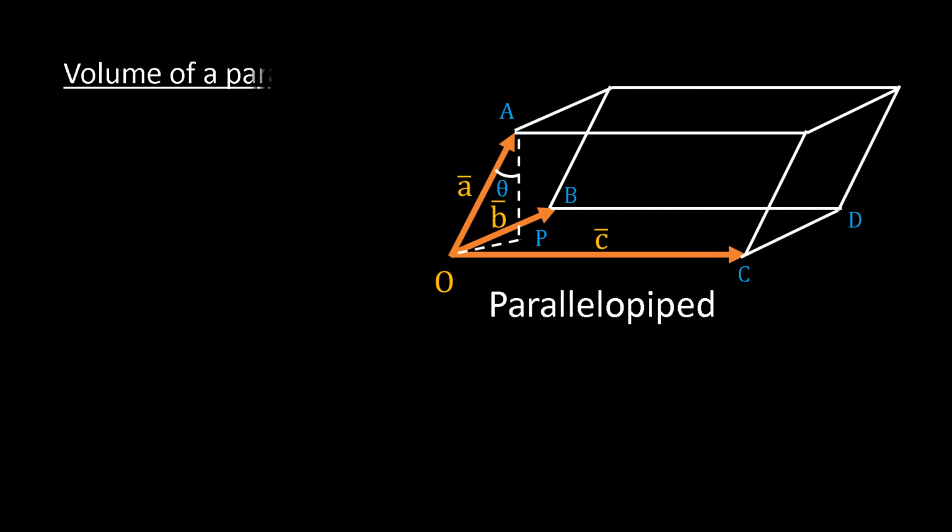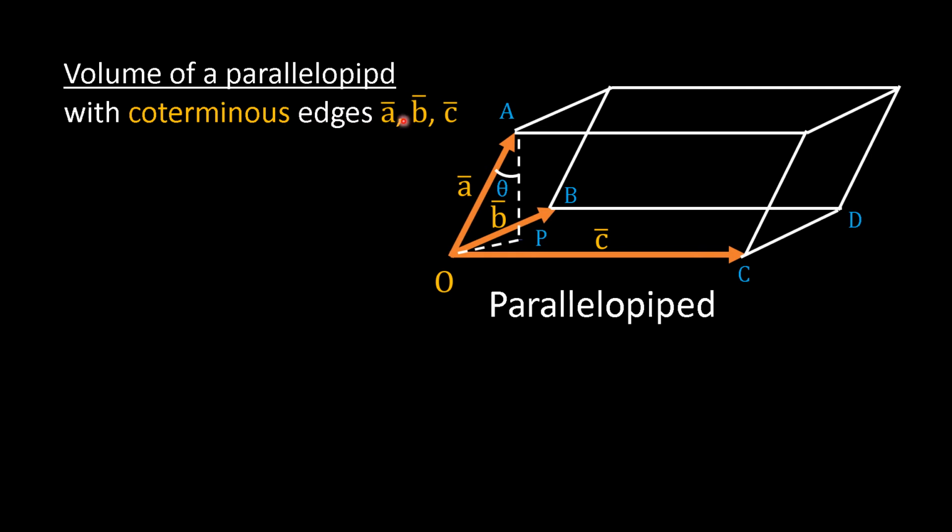We will see the volume of a parallelepiped with coterminous edges a bar, b bar, c bar as a scalar triple product of vectors a bar, b bar, c bar.